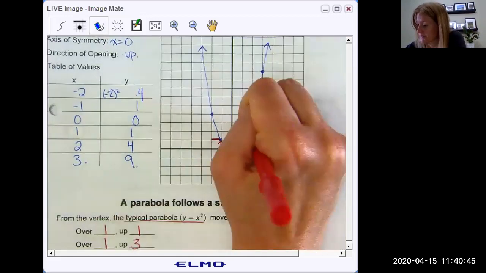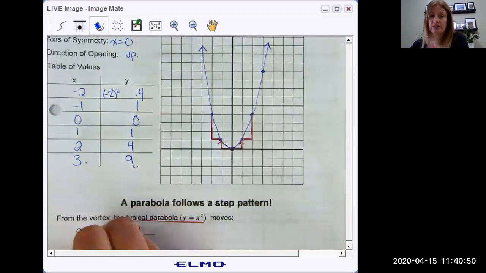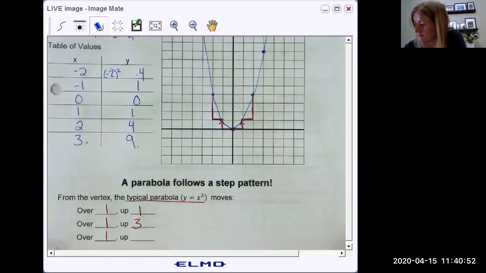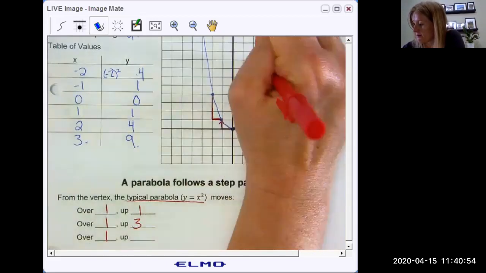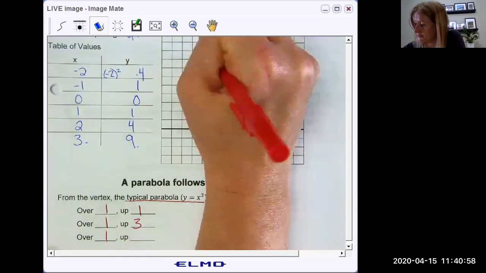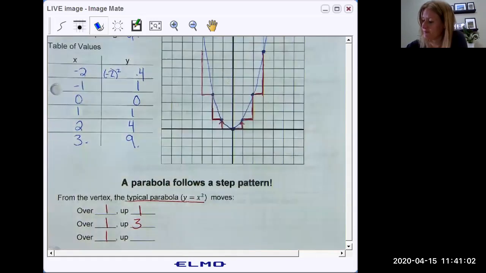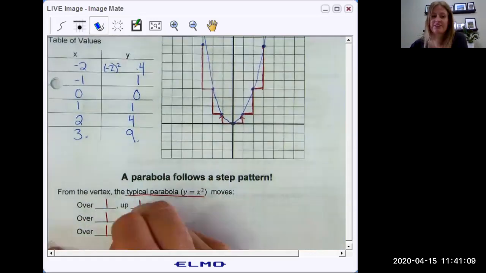Fill in the next step in this pattern. It's over 1 and up how many? Correct. It's 5.